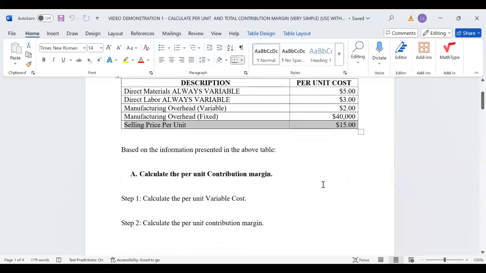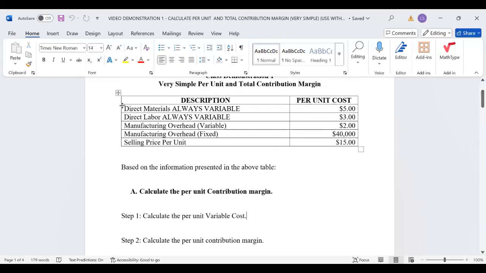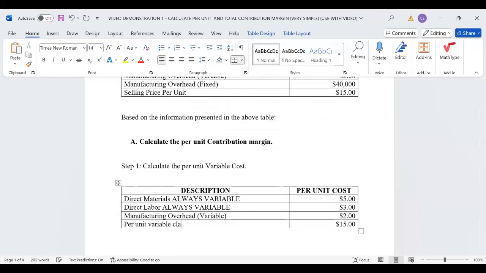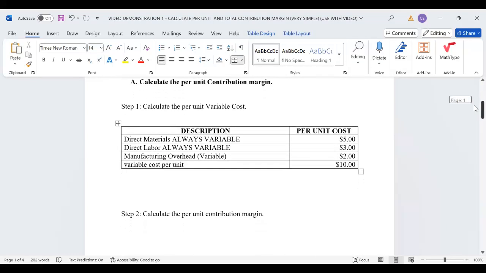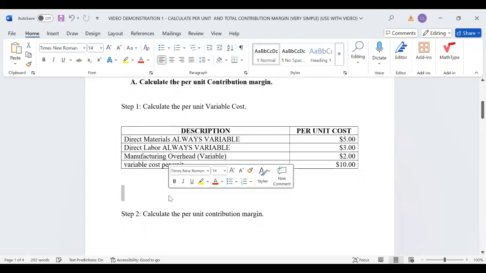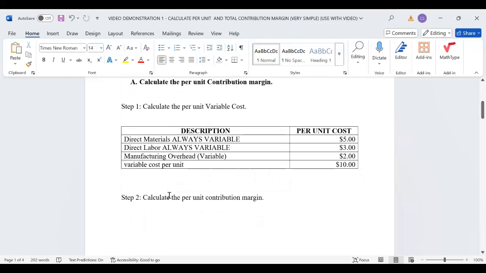Step one is calculate the per unit variable cost. So all you're doing is adding up all the variable costs, and that's your variable cost per unit. Step two is calculate your contribution margin per unit.